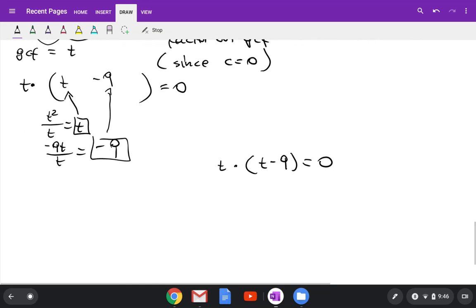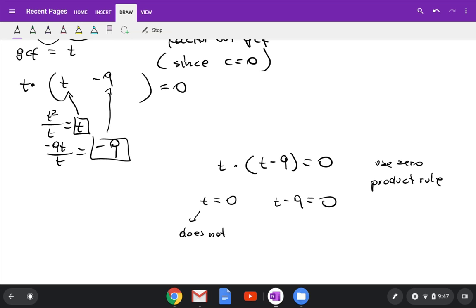So now when you have two factors, you can use zero product rule, which means solve two equations, t equals 0 and t minus 9 equals 0. So let's talk about the first one. Time is equals 0. This one does not make sense in our problem.